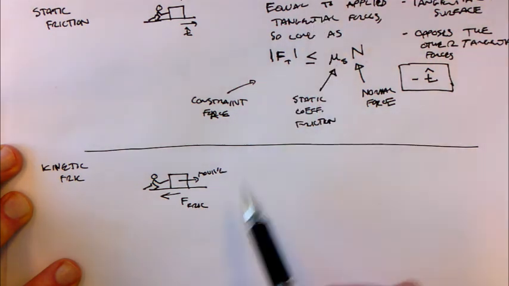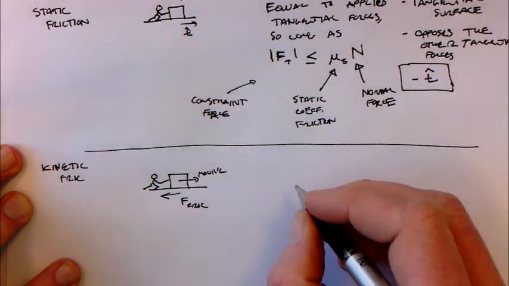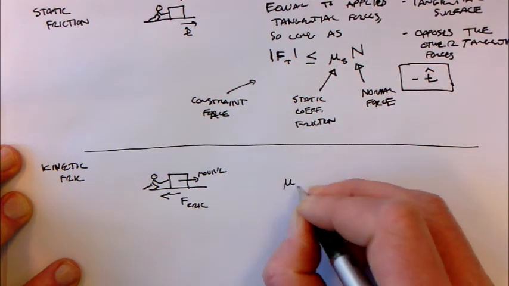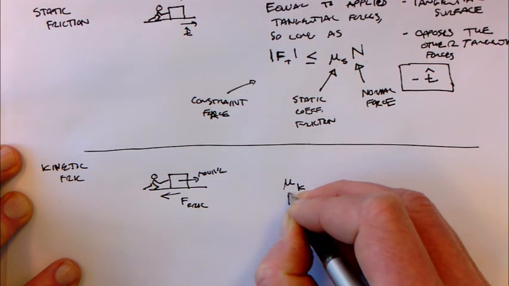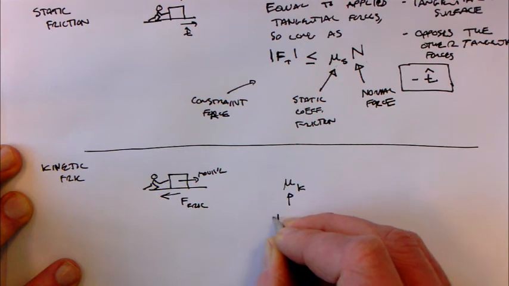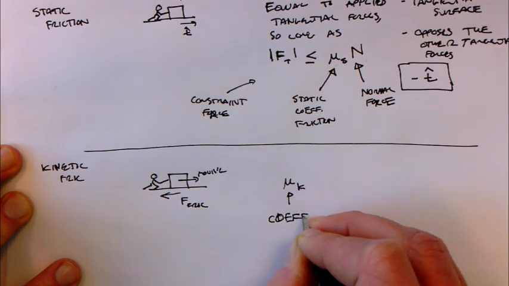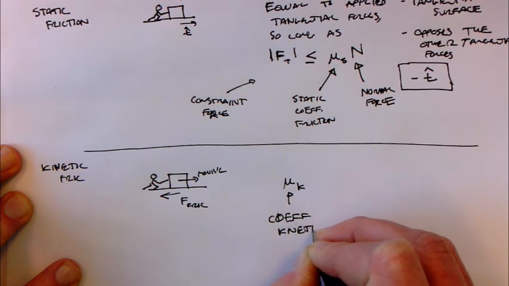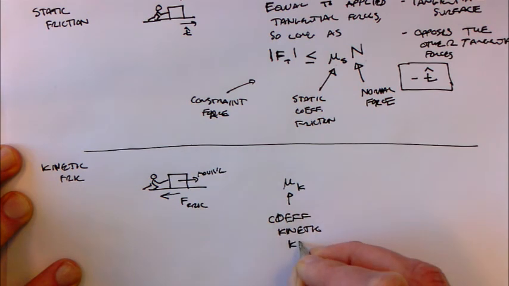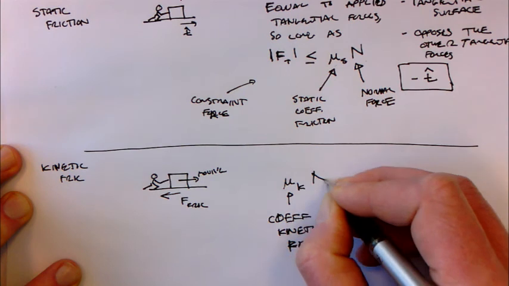From a magnitude perspective, the kinetic frictional force is much easier to talk about. It's simply the coefficient of kinetic friction times the normal force.